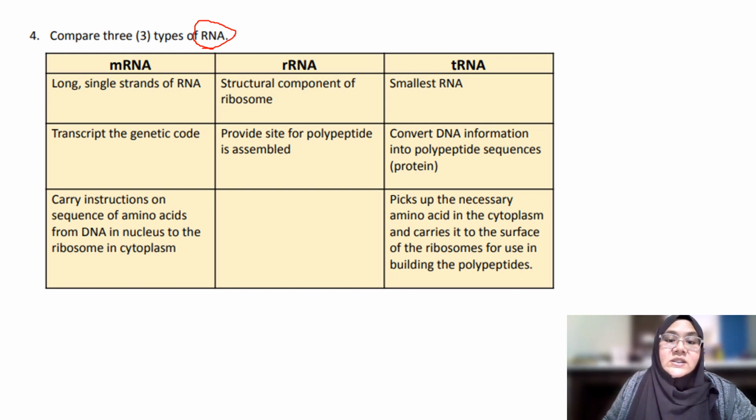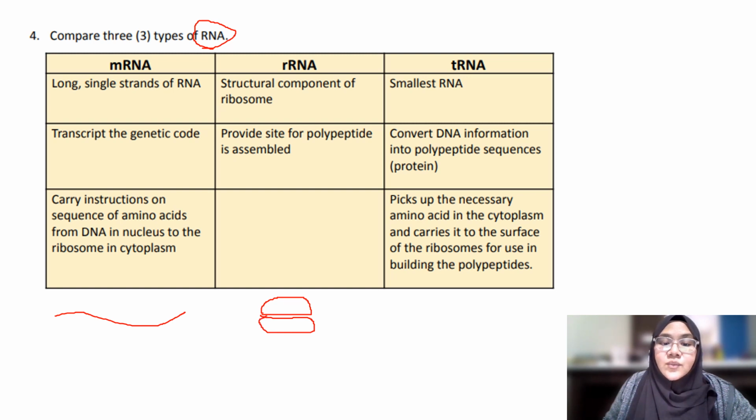Okay, so the 3 types have different shapes. For rRNA, the long strand, the structural component of ribosome, it looks like a ribosome, like a burger, okay. And tRNA is a transport RNA, okay, it has a part where the bases will attach to it. So this is tRNA. Okay, so they have 3 types.